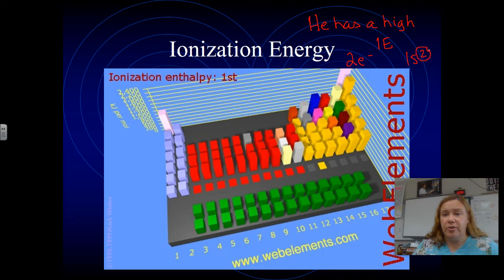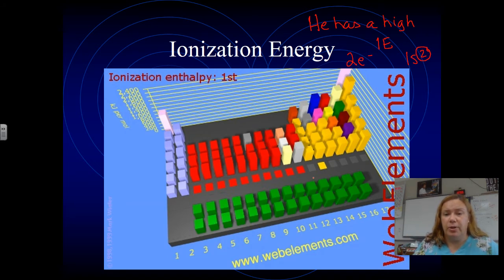So it's got a full valence shell, and it's going to require lots and lots of energy to pull one of those electrons away. So ionization energy is the energy it takes to remove an electron.